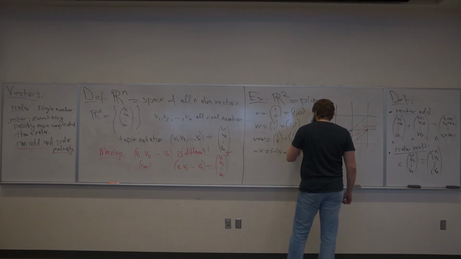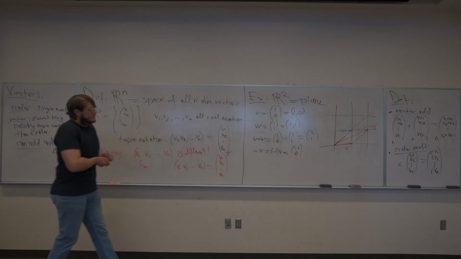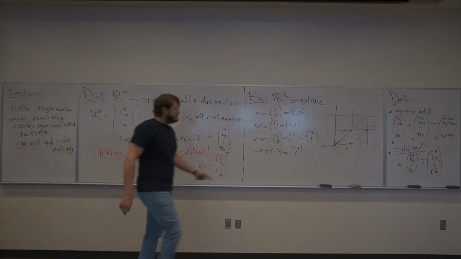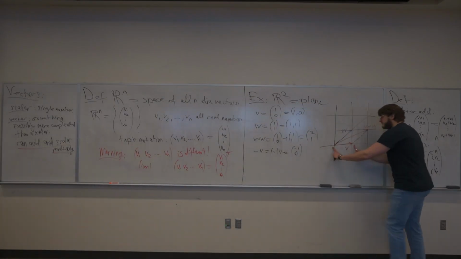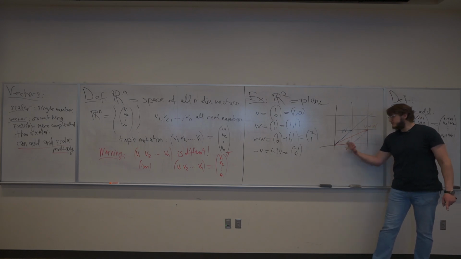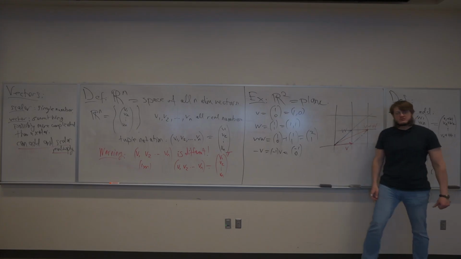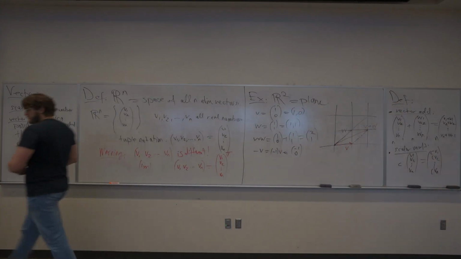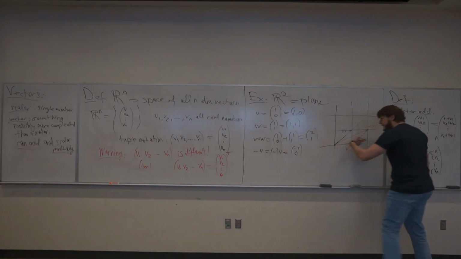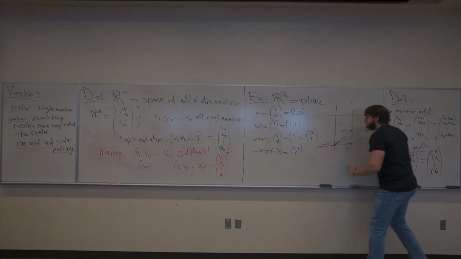This is (-1, 0). This scaling by a negative number corresponds to flipping this vector around the origin, meaning reflecting, I should say. So you take this, you reflect in the other direction. If v is pointing this direction, minus v points in the exact opposite direction.